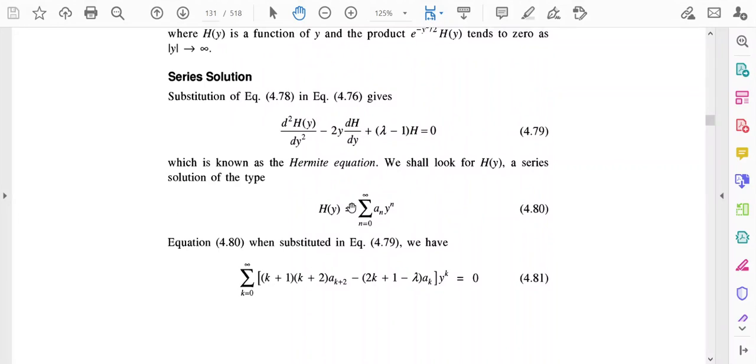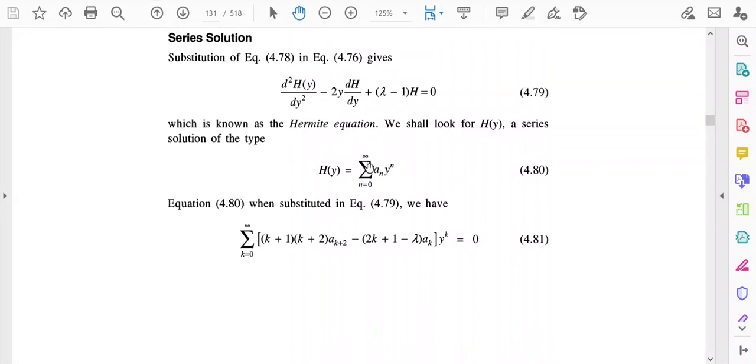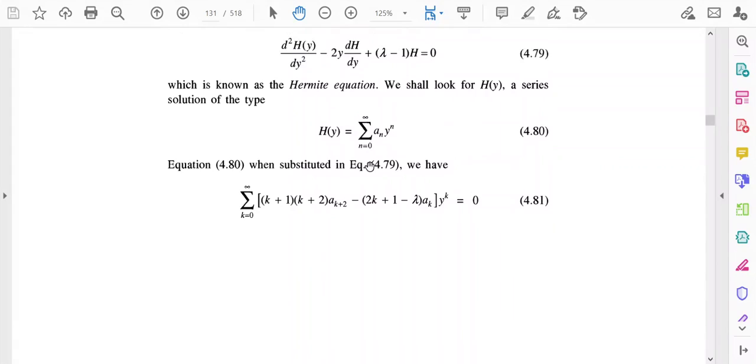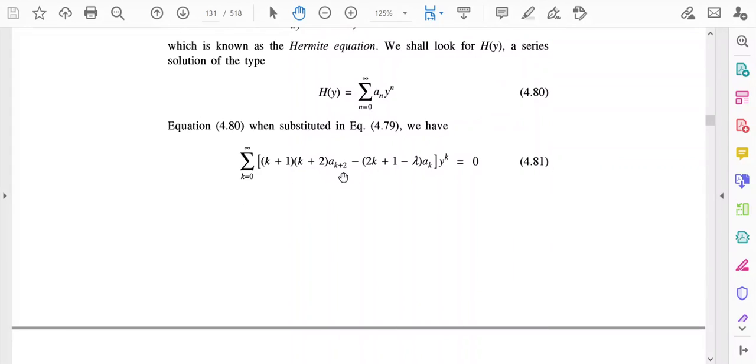So if we substitute those values and after a little bit of simplification, you will obtain this expression: the sum over k equal to 0 to infinity of [(k+1)(k+2) a_(k+2) minus (2k+1 minus λ) a_k] y^k is equal to 0. This expression we have obtained after the substitution and simplification.